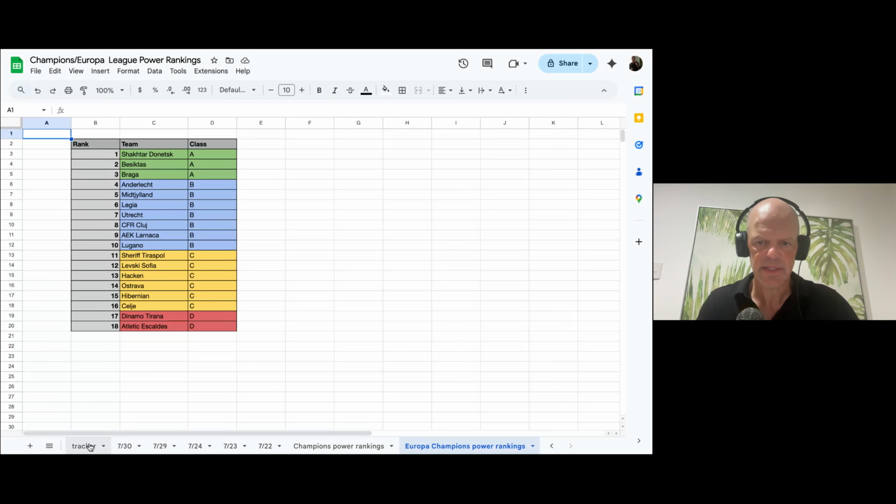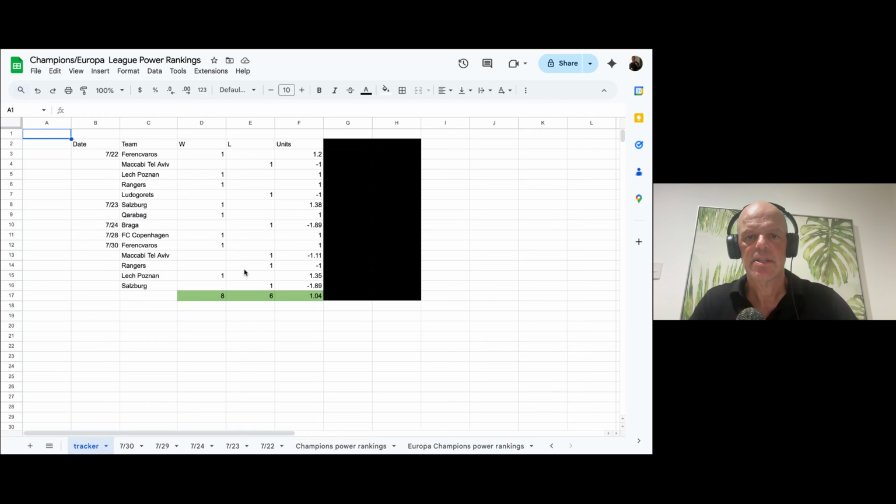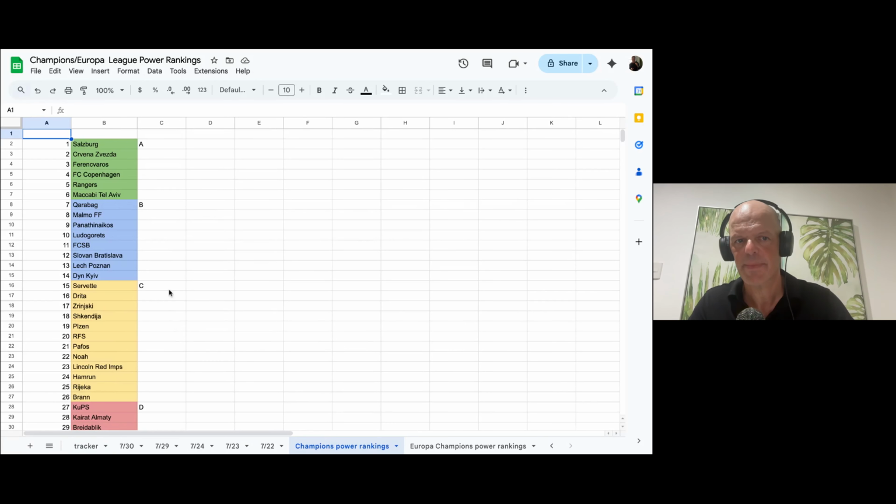Now, let's slide over here and look at our tracker. So there's several ways to do this with classes model. The way that I originally tested this, we're going to play for A teams and we will play against the B team. When you go back and look at the overall power rankings, the reason we do that is a buzzword you hear in the community is positive EV.